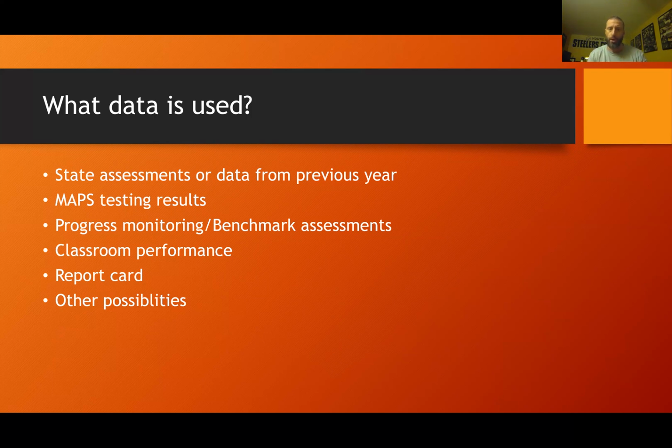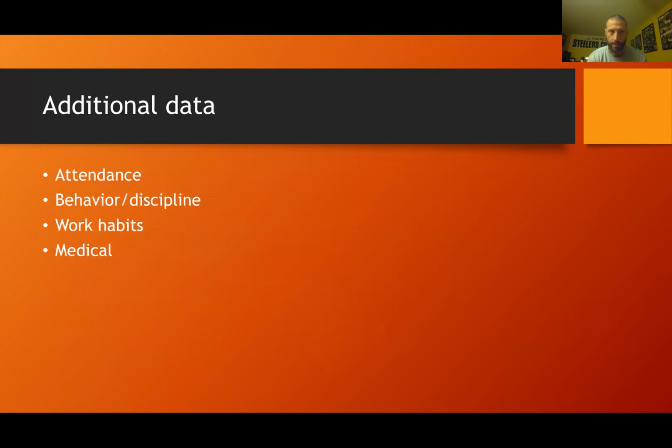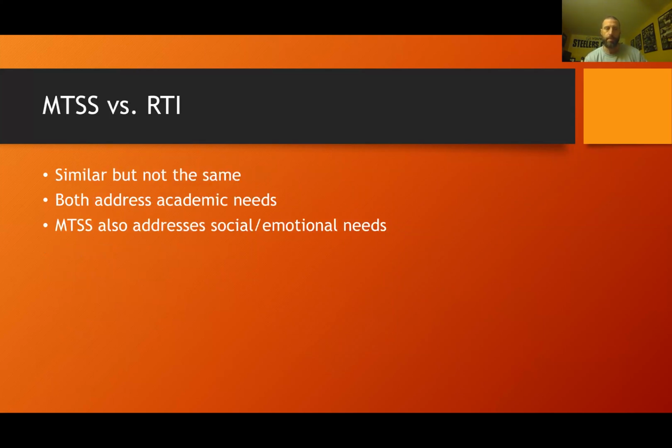We're going to look at their report card, but there are other possibilities too, particularly with MTSS. There are going to be some other data points that we're going to look at. Specifically, that's going to be attendance data, behavior and discipline data, their work habits in the classroom, and then possibly even medical data.